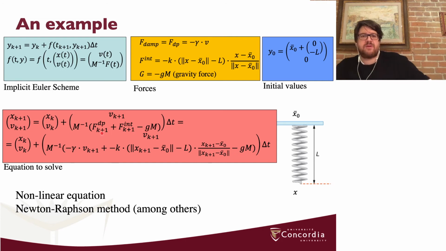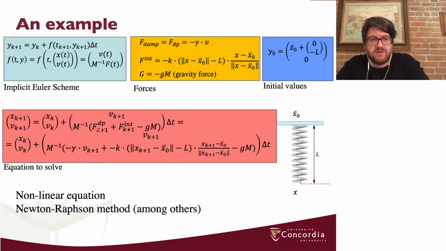Well, the damping force depends on the velocity at time k plus 1, and the spring force depends on the position at k plus 1, but the gravity is pretty simple. It's just g times m, doesn't depend on anything actually.